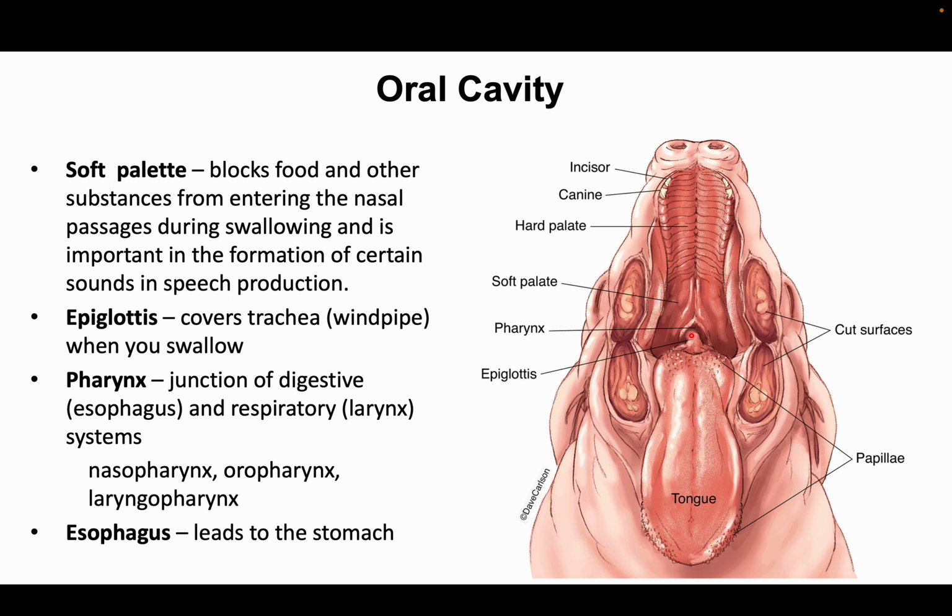Now, the pharynx is a region in the back of your throat. And what you see right here is a flap called the epiglottis. Whenever you're swallowing, the epiglottis is going to tilt up and cover the trachea, which is the opening to the windpipe.